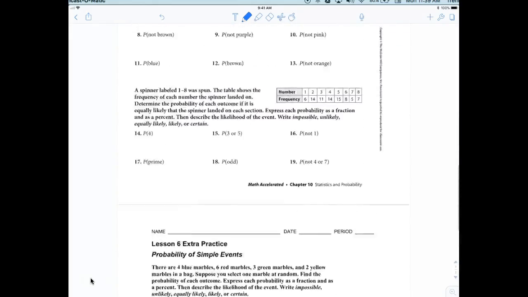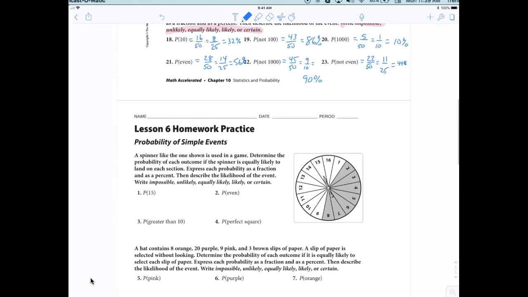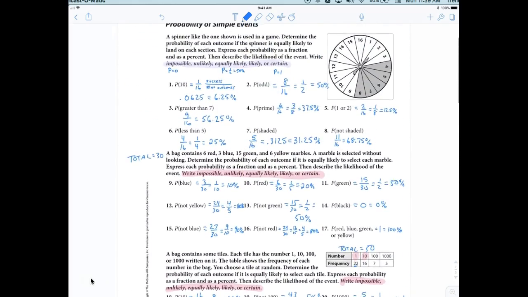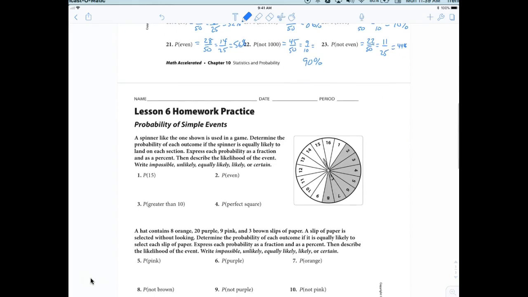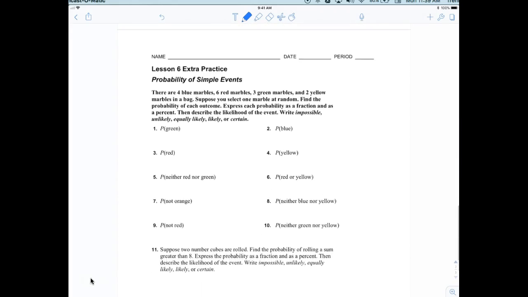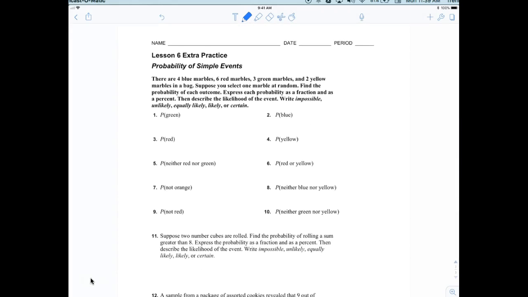Now, did I write the same one twice? No. I didn't think it was that hard, so I just gave you 2 more. Extra practice. Your homework is those 2 worksheets.